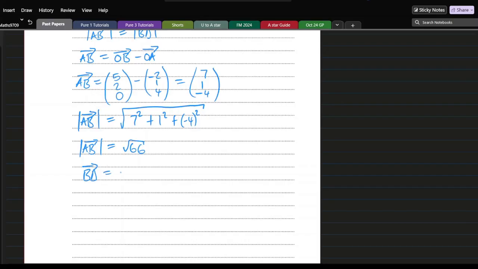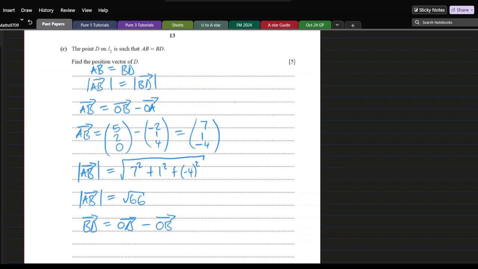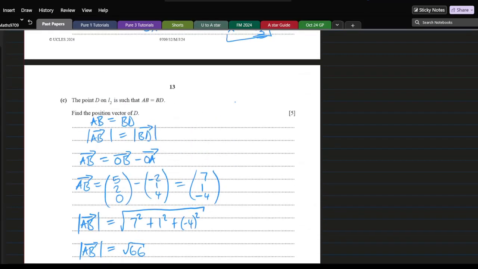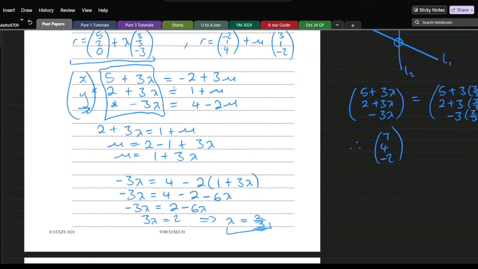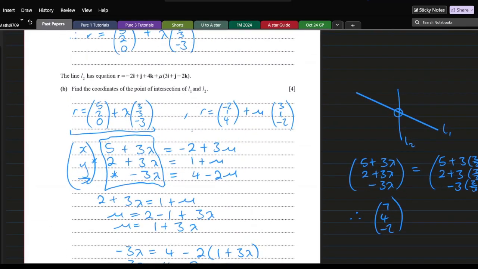So BD, we can get that from saying OD minus OB. And OD is what we are looking for, but we know that our D lies on L2, so we can get the general coordinates of D using the equation of line L2. From the equation of line L2, any point must have coordinates of the form -2 plus 3 mu, 1 plus mu, and 4 minus 2 mu.